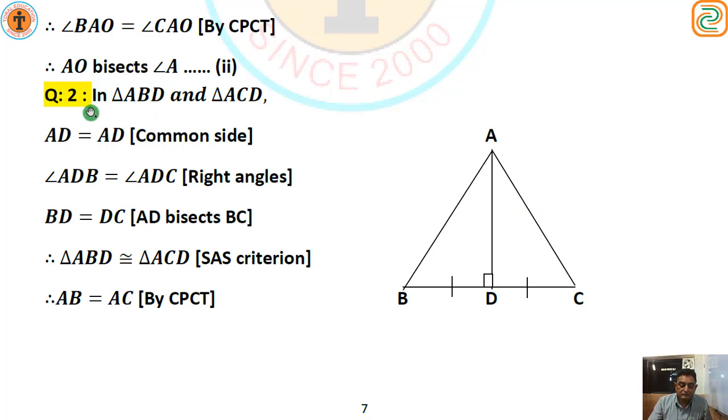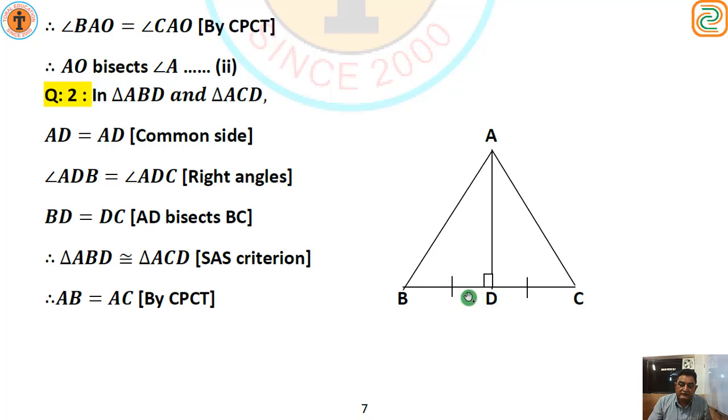Look, in triangles ABD and ACD, we take AD equals AD, common side, right? And AD is the perpendicular bisector of BC. Then angles ADB and ADC are right angles.